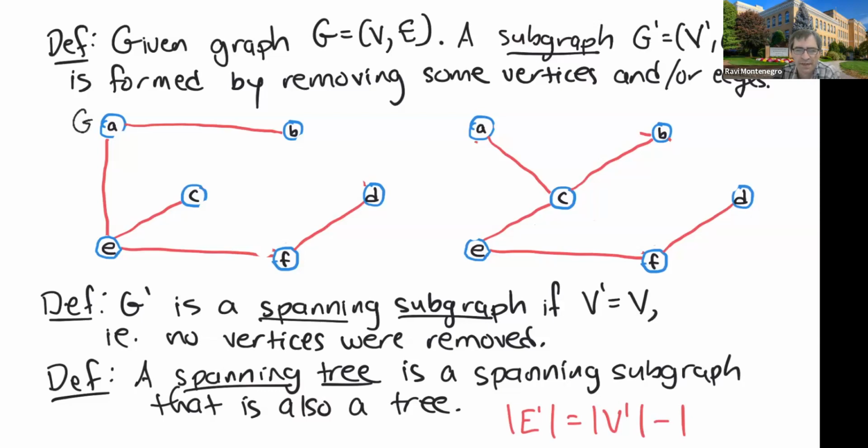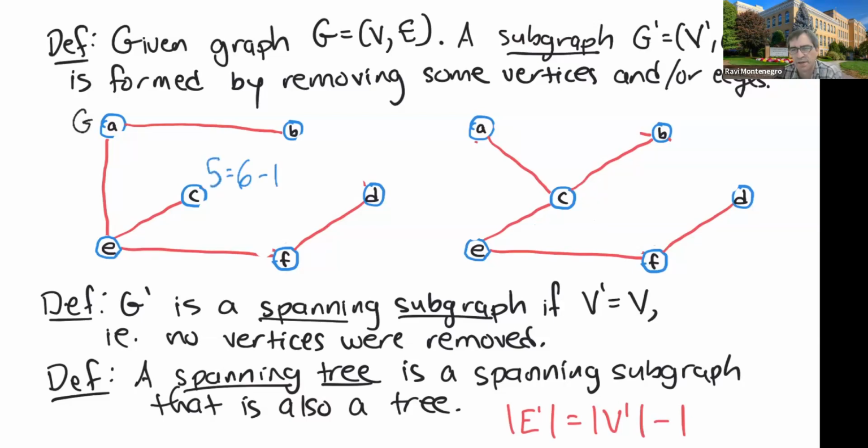As I said earlier, there are many possible spanning trees. One useful observation when forming a spanning tree is that we can use the edge and vertex relationship. The number of edges should be the number of vertices minus 1. So for example, in the two spanning trees you see here, each of those has 1, 2, 3, 4, 5, 6 vertices, minus 1, and each of them has 5 edges.